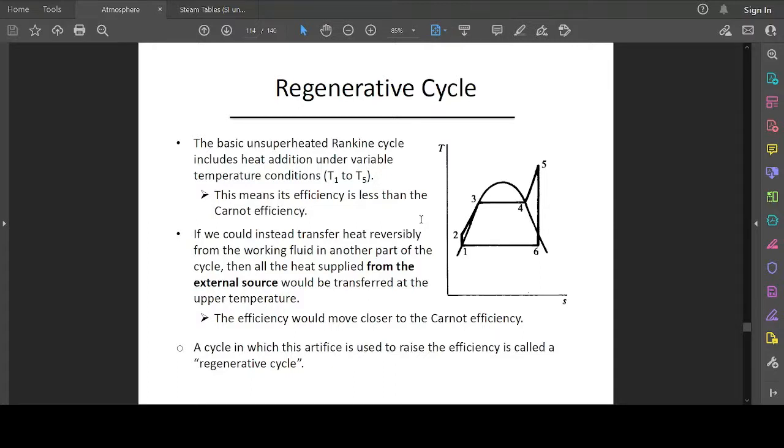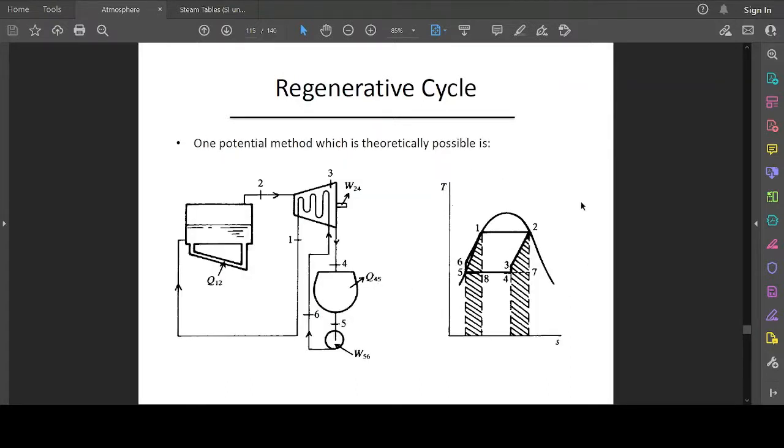So the efficiency would move closer to the Carnot efficiency. A cycle in which this artifice is used to raise the efficiency is called a regenerative cycle. So one potential method, which is theoretically possible, is given here.